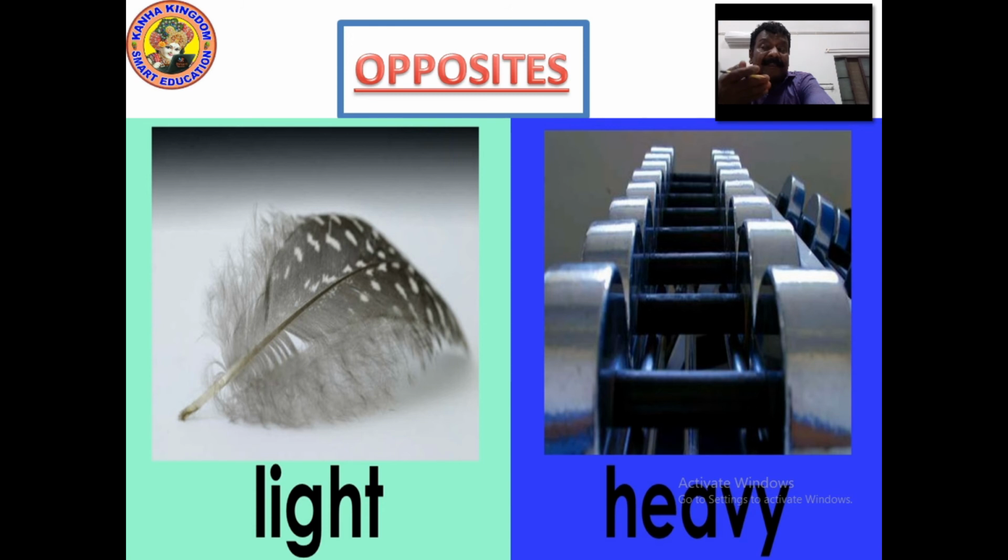The feathers are light, but things made of stainless steel or iron or cast iron are supposed to be heavy. So opposite of heavy is light. Opposite of light is heavy. Please write it down.